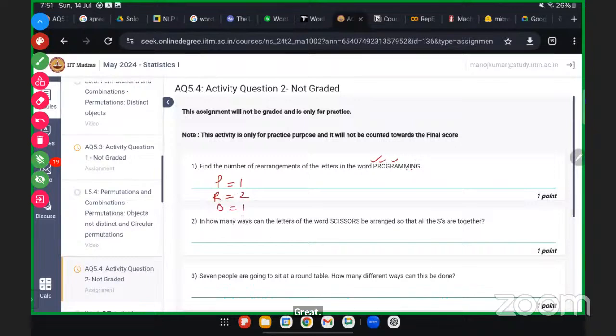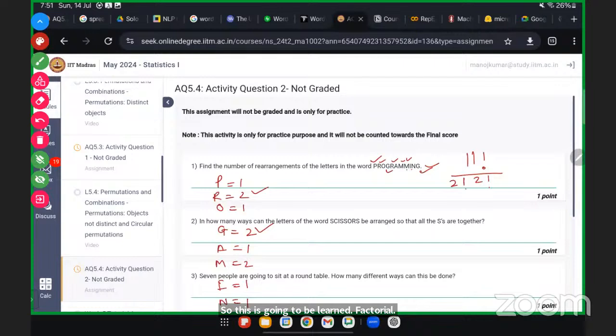O is once. G is 2, here and here. A is 1. M is 2. I is 1. N is also 1. If I sum it out, 1, 2, 3, 4, 6, 7, 9, 10, 11, right? So this is going to be 11 factorial divided by 2 factorial, 2 factorial, 2 factorial. So this is the answer.